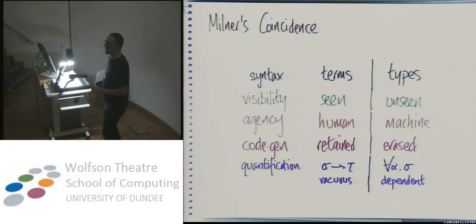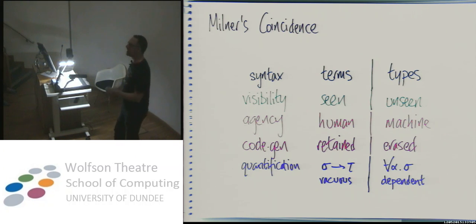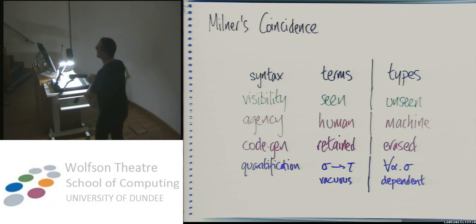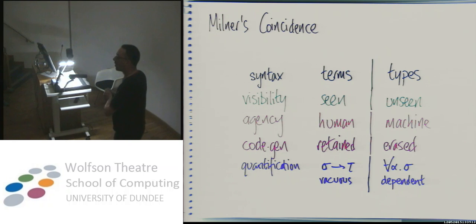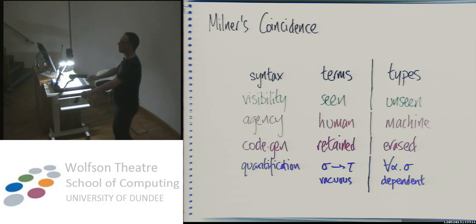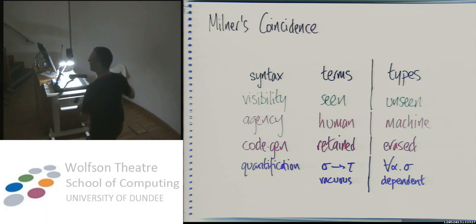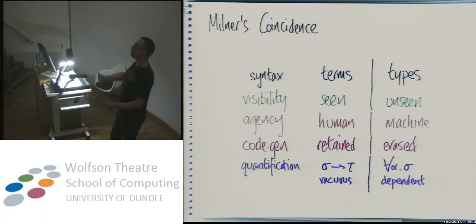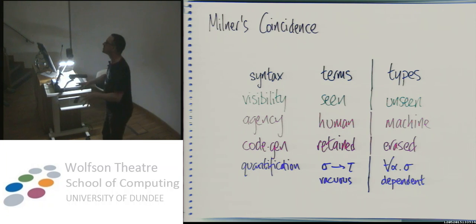And a related but not totally identical distinction is the agency for the production of these things. When you work in the old-fashioned mode where you write in an editor and then you send your completed file to a type checker and you get back abuse, then these two kind of coincide. You see them because you wrote them, right? The seen things are written by human beings.